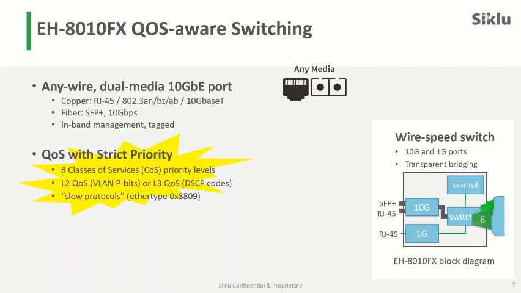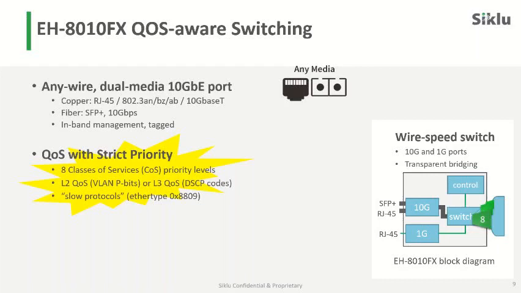which can be used to maybe manage the routing algorithm or some Metro Ethernet Forum OAM control frames, which is important to keep on the network with the highest availability.